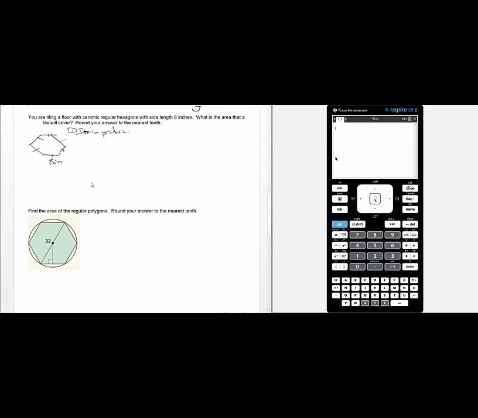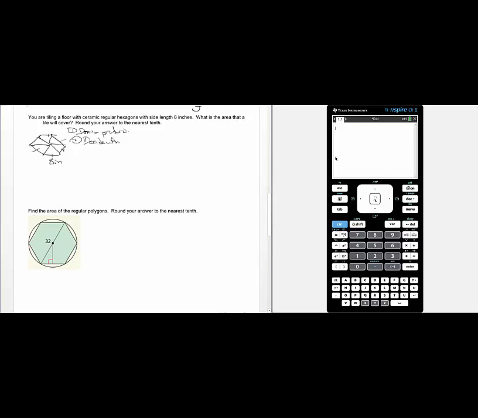After you've labeled everything you know, we should decide how you're going to approach finding the area of this. No matter what you do, it should involve dividing this into smaller triangles like we talked about in the previous video, finding the area of one of these congruent triangles, and then multiplying by how many there are. I think you should decide which area formula you're going to use.